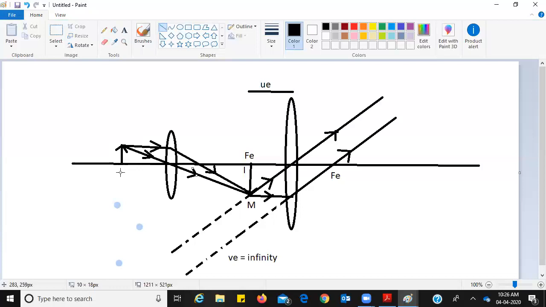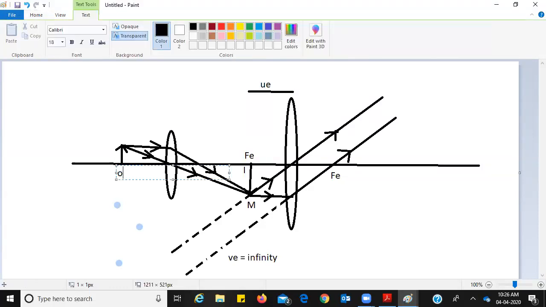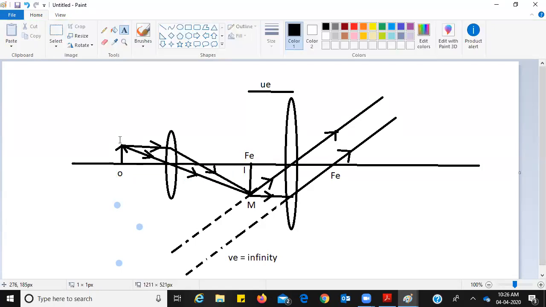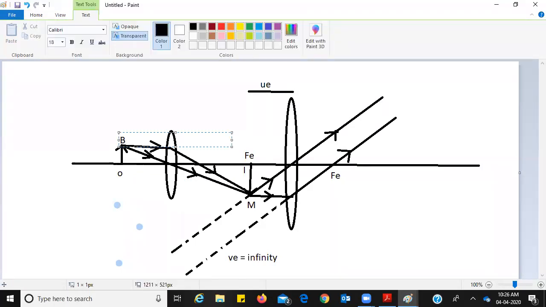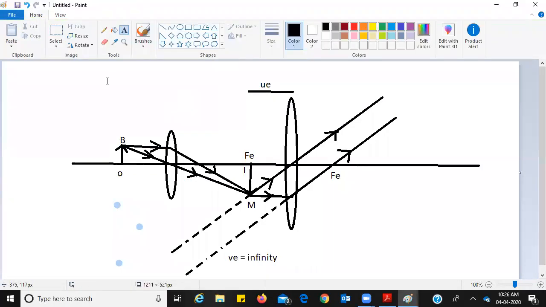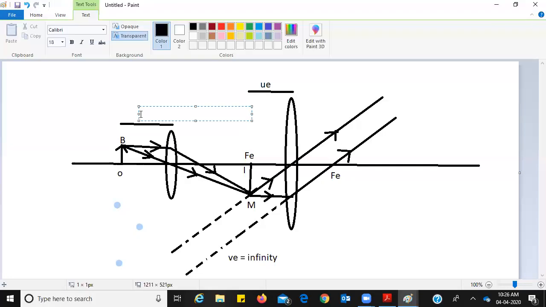Then can you mark this point as O, B. Then this distance will be, what will be the distance?